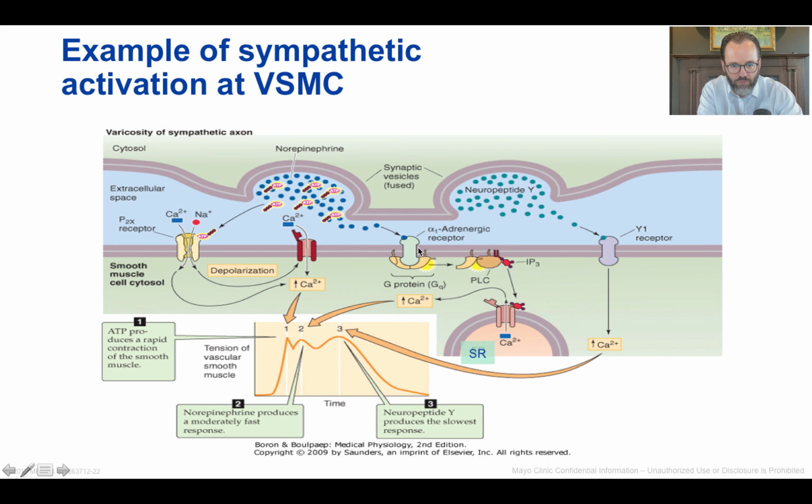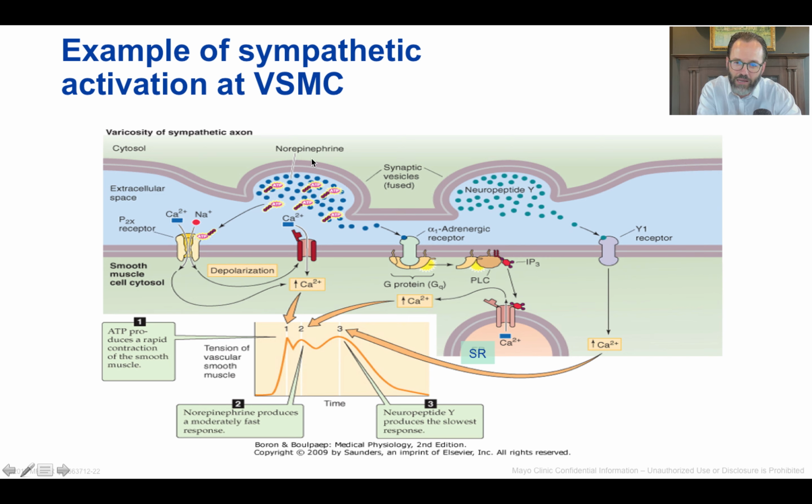We have alpha-1 adrenergic receptor binding here on the vascular smooth muscle. That increases phospholipase C, that increases IP3, that increases calcium release from the sarcoplasmic reticulum, and ultimately that increase in cytoplasmic calcium results in an increase in the amount of vascular tone.